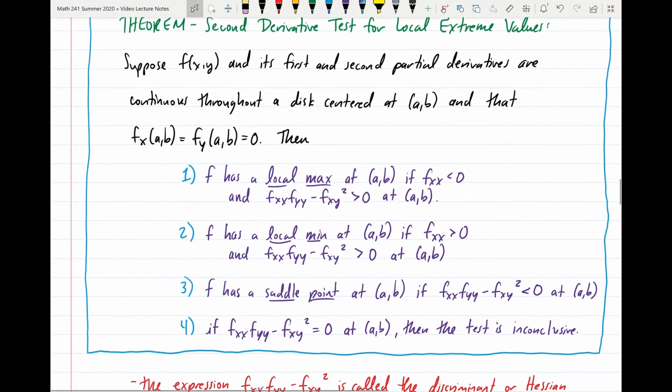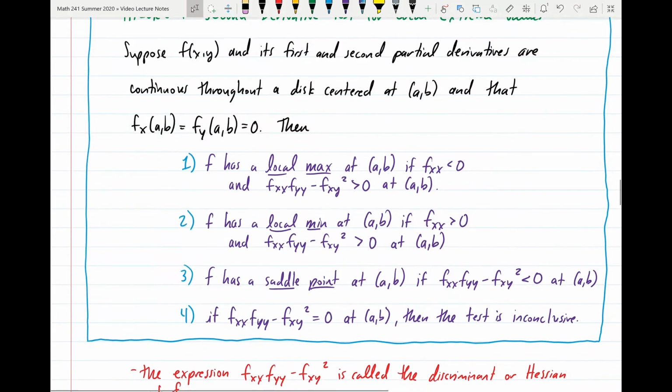Also suppose that the partial derivative with respect to x at (a, b) is equal to 0, and the partial derivative with respect to y at (a, b) is equal to 0. This is just saying that our point (a, b) is a critical point.